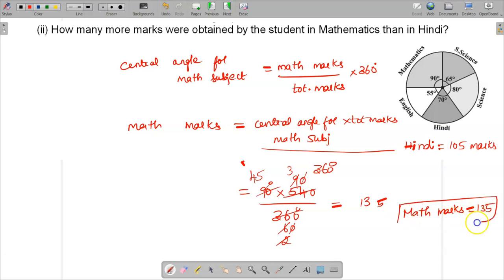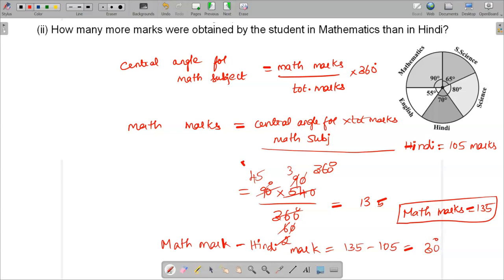In the question they have asked how many more marks were obtained by the student in mathematics than in Hindi. So the comparison they are asking. Whenever we are going for comparison, we need to do the subtraction operation. So math mark minus Hindi mark is equal to 135 minus 105, which is equal to 30.